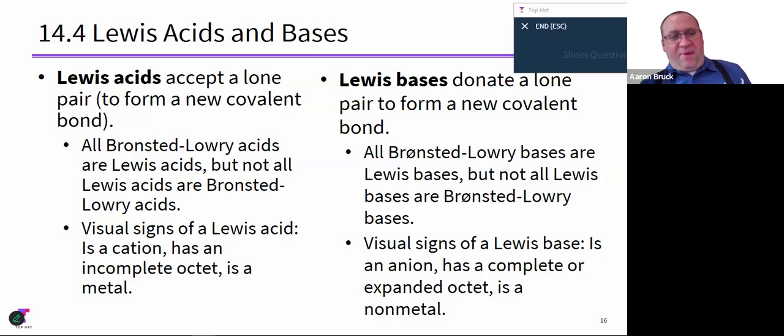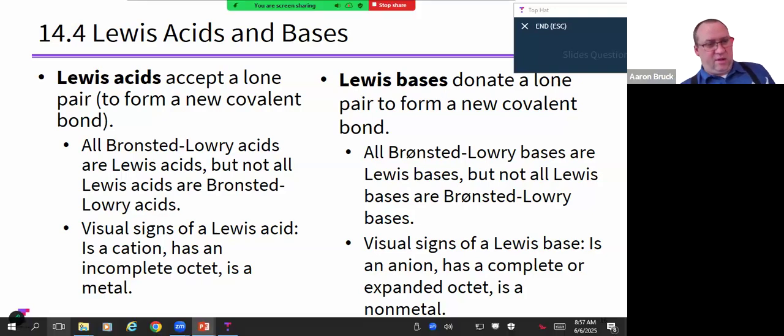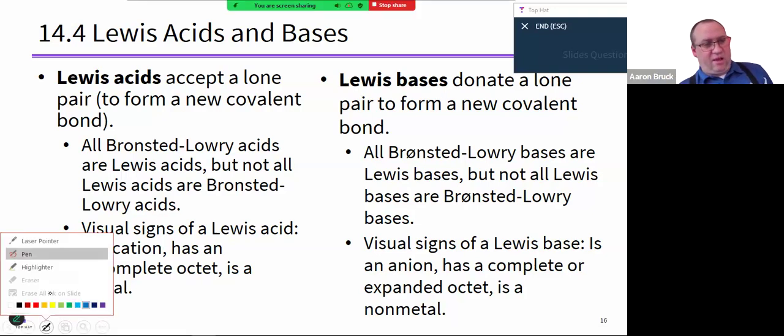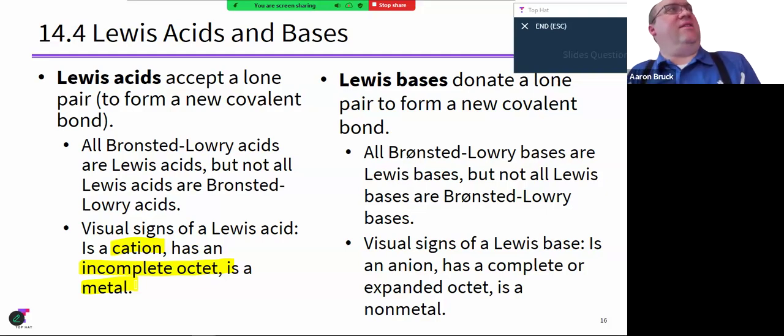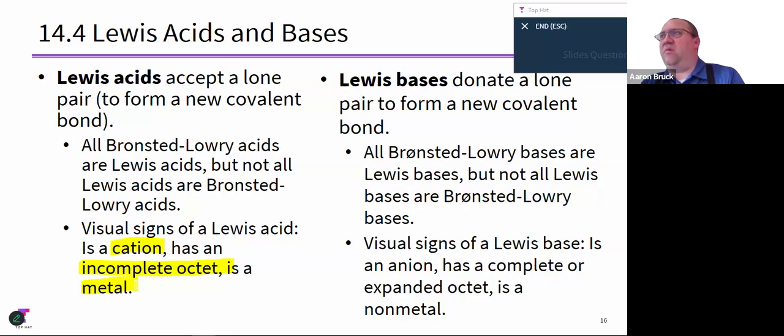Now, we can pick up some visual signs. What are some ways to tell that we have a Lewis acid? Three big ideas. First of all, Lewis acids are usually one of these three, and sometimes multiple of these together.